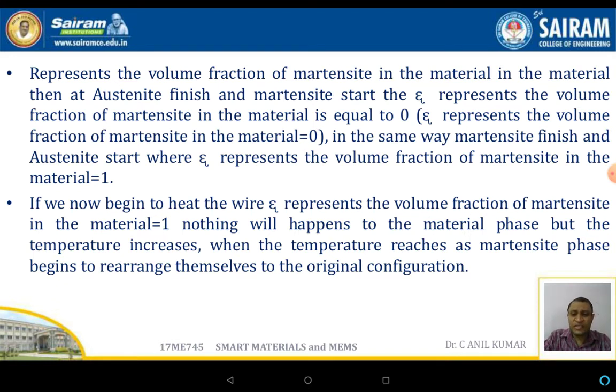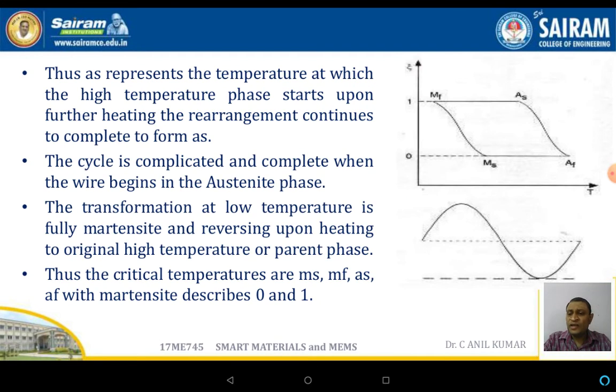It means that the volume fraction varies from 0 to 1, which has a major application with respect to damping, or it can also be used as vibration absorbers, or something like shock absorbers. Now, As represents the temperature at which the high temperature phase starts.